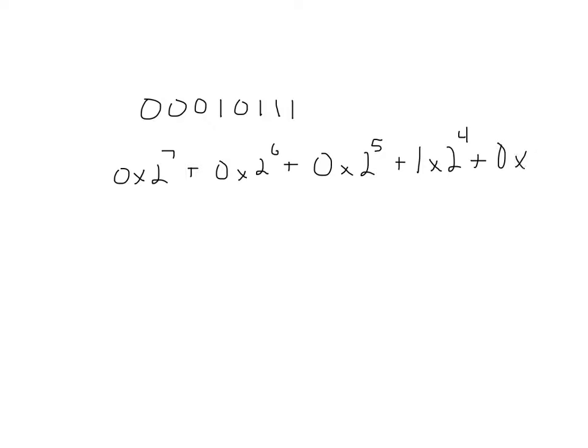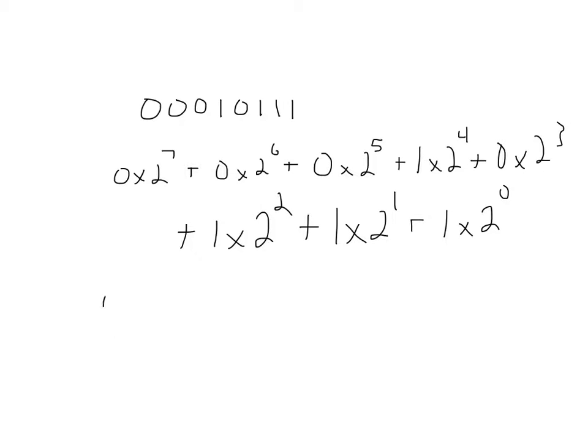Okay, so we have 0 times 2 to the 7th plus 0 times 2 to the 6th plus 0 times 2 to the 5th plus 1 times 2 to the 4th plus 0 times 2 to the 3rd plus 1 times 2 to the 2nd plus 1 times 2 to the 1st plus 1 times 2 to the 0.